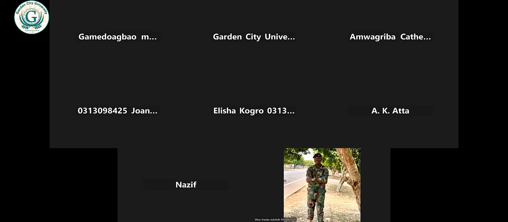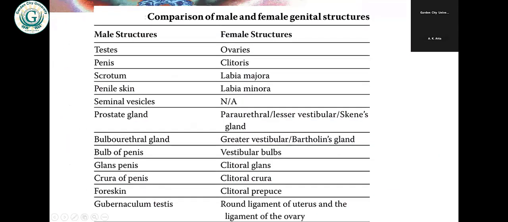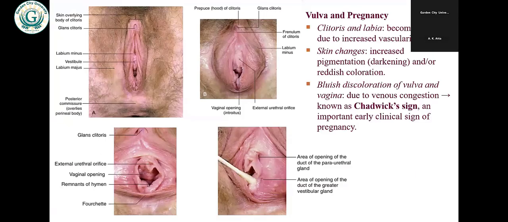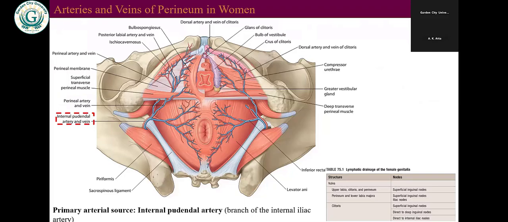Now we're looking at the pelvic cavity. There's a note that I gave to some students I recently taught, so let me continue here and also show something with respect to the females.